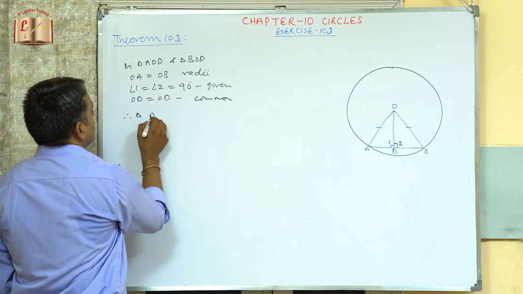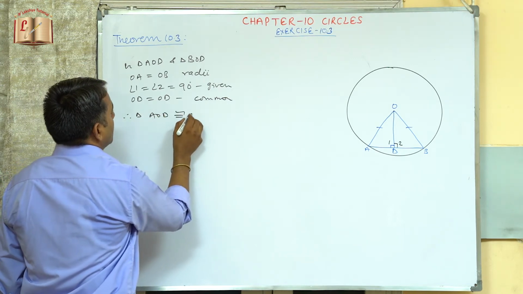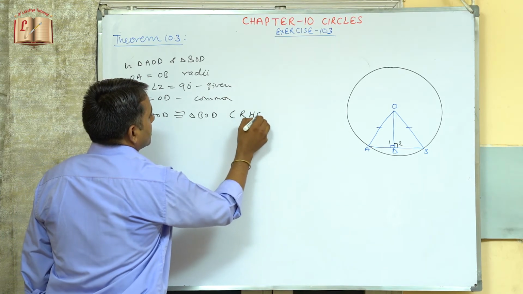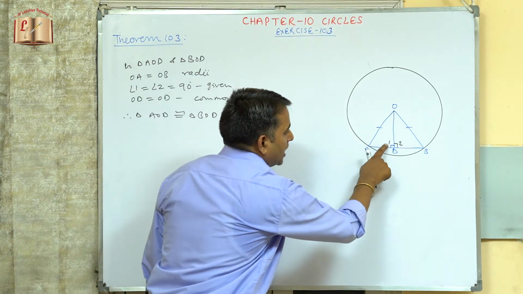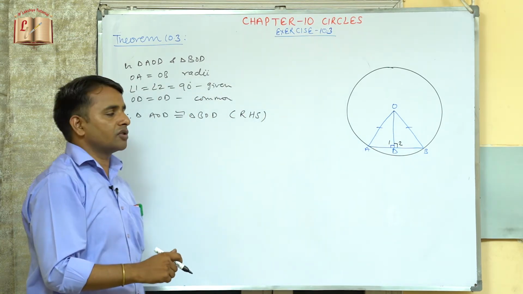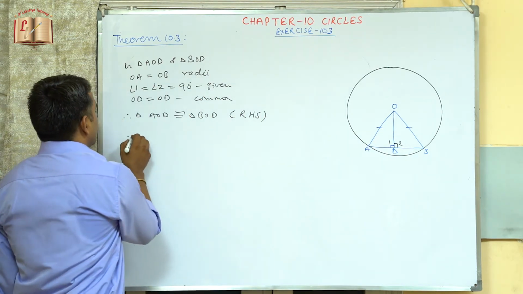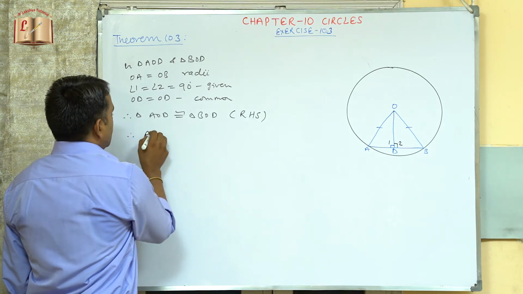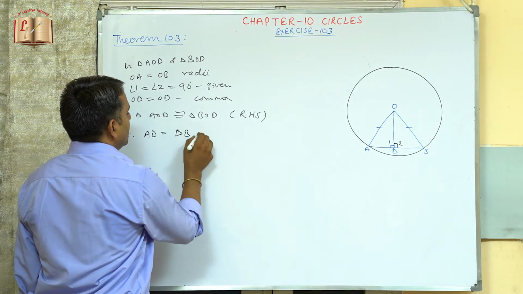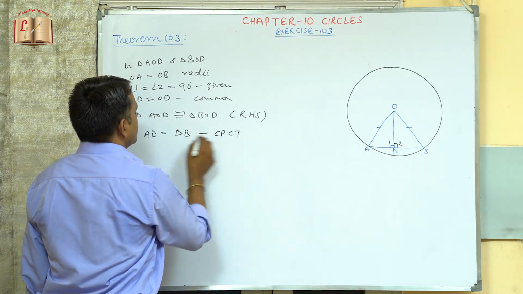Therefore triangle AOD is congruent to triangle BOD by RHS congruency. This is right angle, hypotenuse, side. So by RHS congruency, both triangles are congruent. Therefore we can say AD is equal to DB. This is by CPCT.